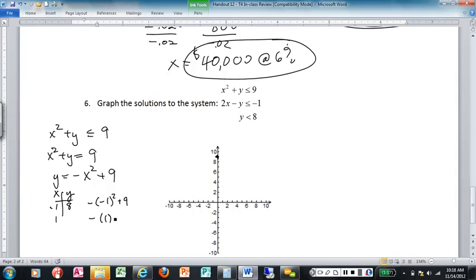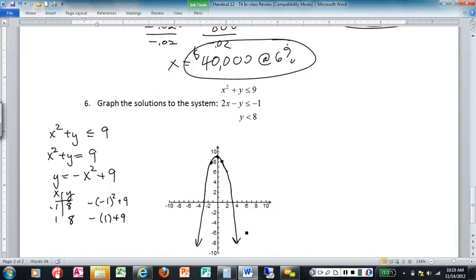Same thing there. So that one's just right there and right there. You can get a couple more if you want, but there's my parabola. Opening down, 0, 9 vertex.